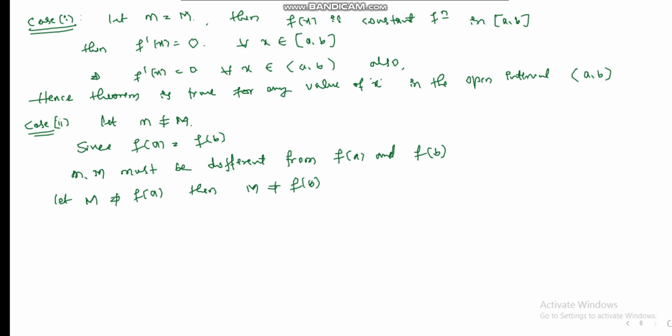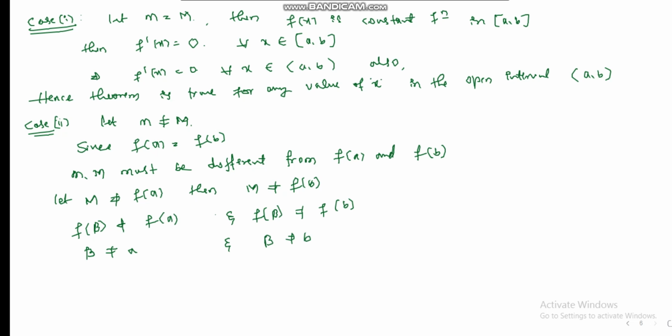And also see here, guys, capital M is f(beta), which is not equal to f(a), and also f(beta) is not equal to f(b). Now we cancel the function, so the remaining terms are: beta is not equal to a, and also beta is not equal to b here.